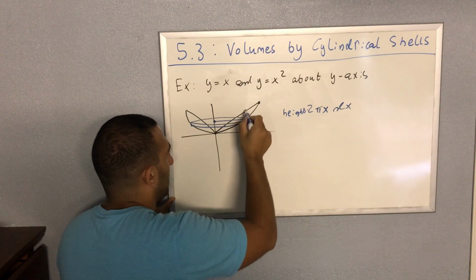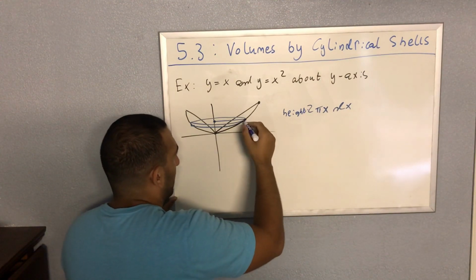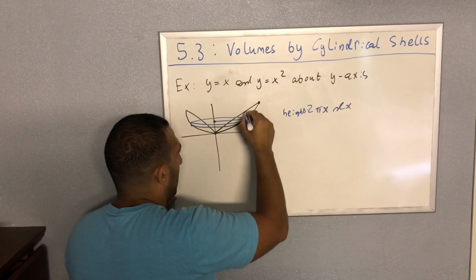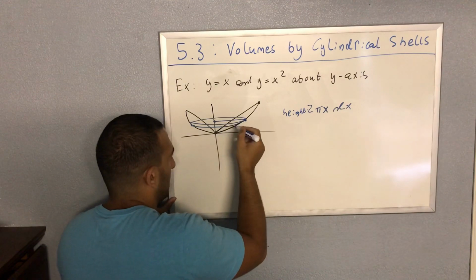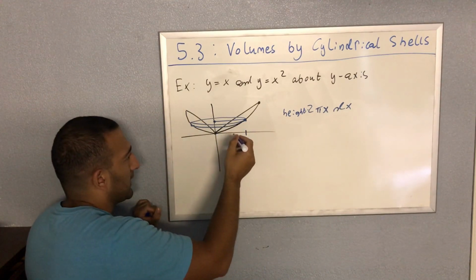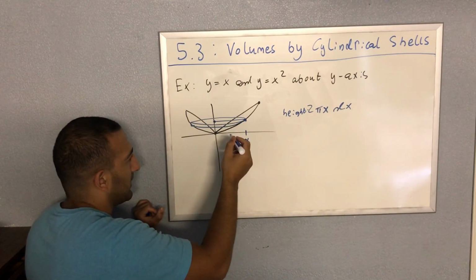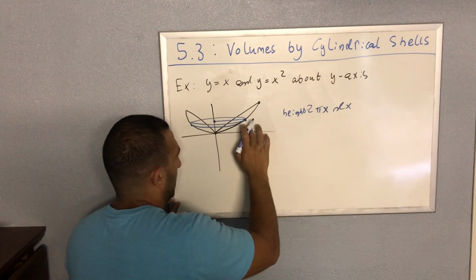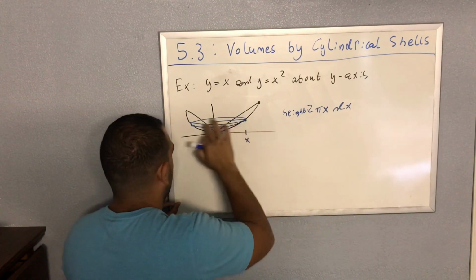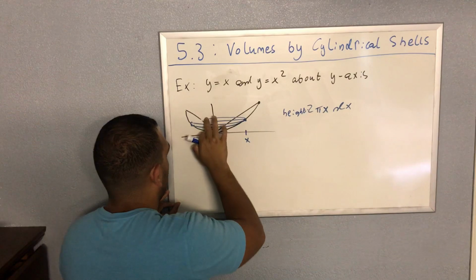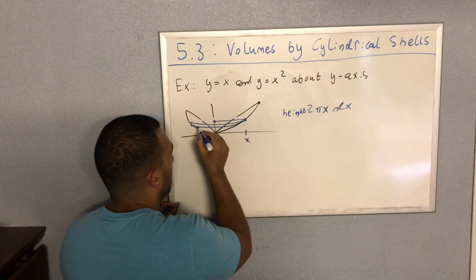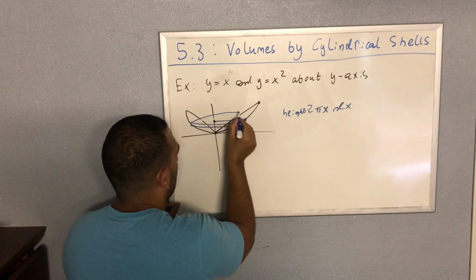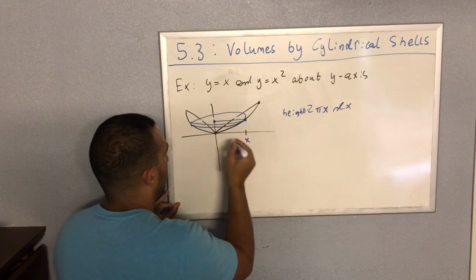So what is the height? Well, the height is this point to that point. Let's see. How can I draw this to be more accurate? So let's see. There we go.